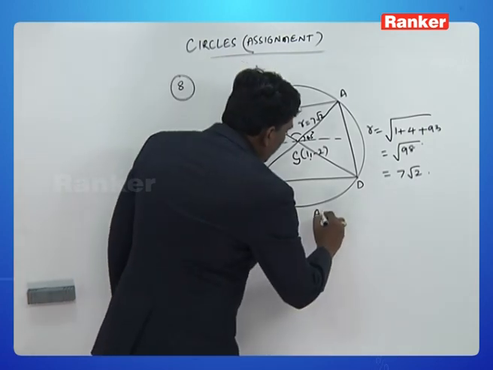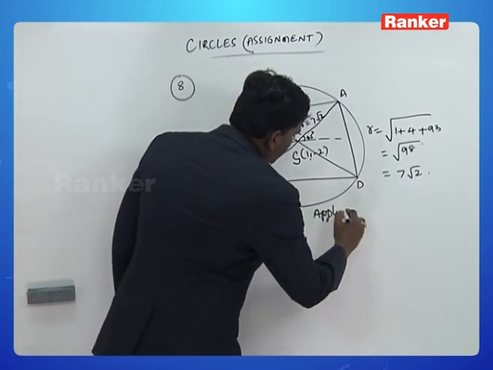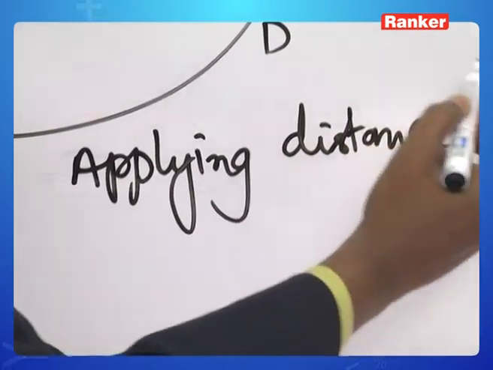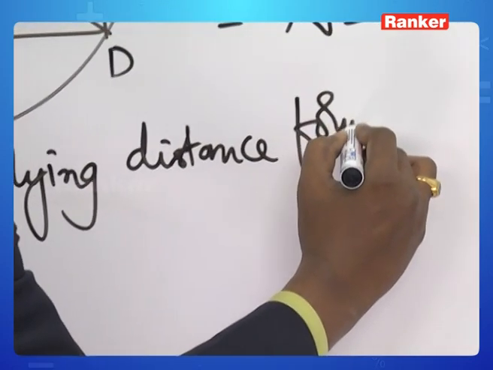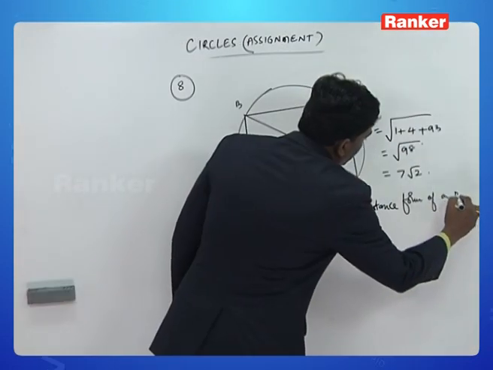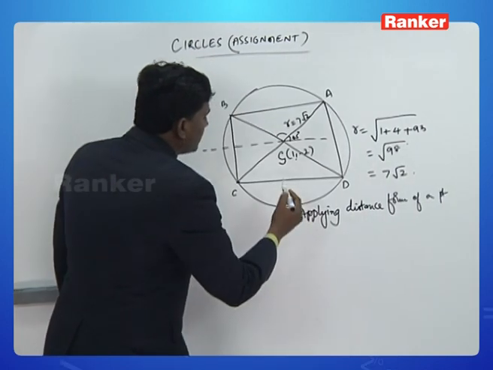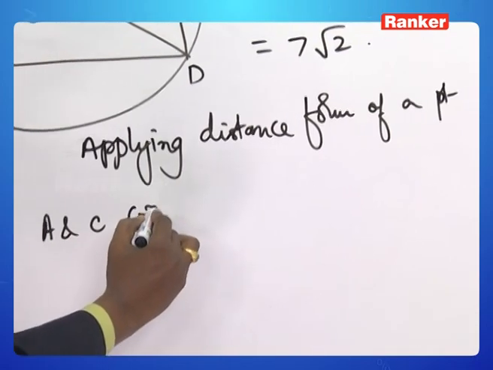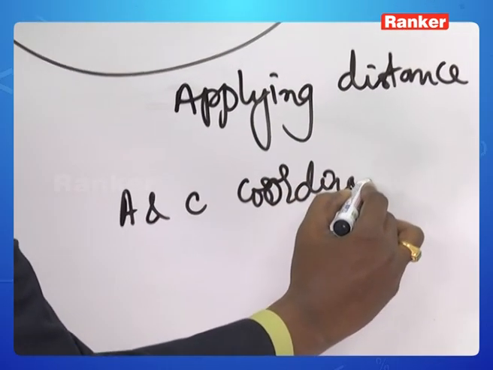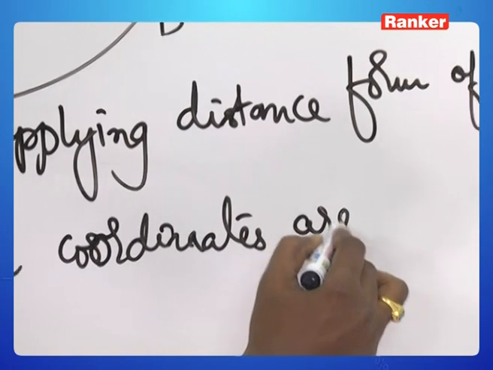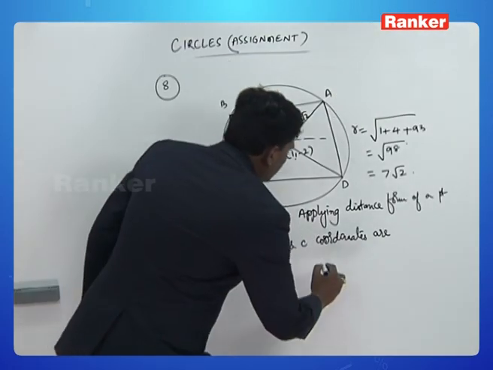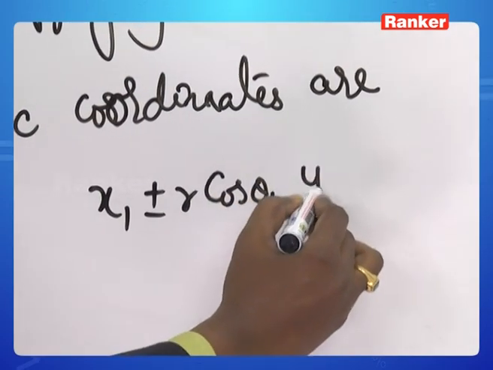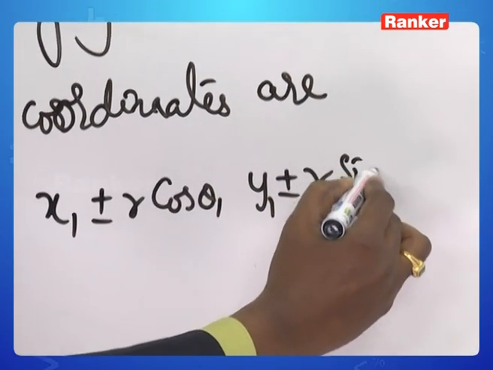Therefore applying distance form of a point on a straight line, you are getting A and C coordinates are x1 plus or minus r cos theta, y1 plus or minus r sin theta.